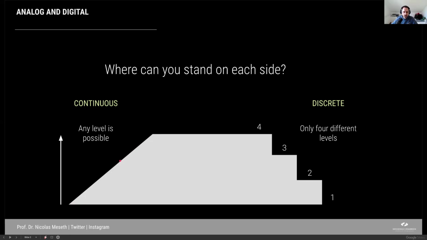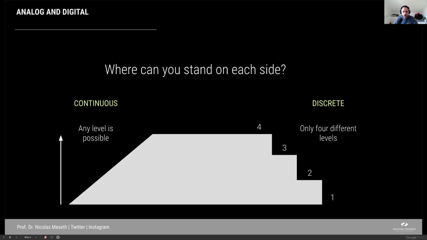We could potentially stand anywhere, and there's an infinite number of points where we could stand. So any level is possible. And on the right side, we said that it's actually only 4 different levels, because we have these discrete steps. And that is one property that is different between the analog and the digital world.